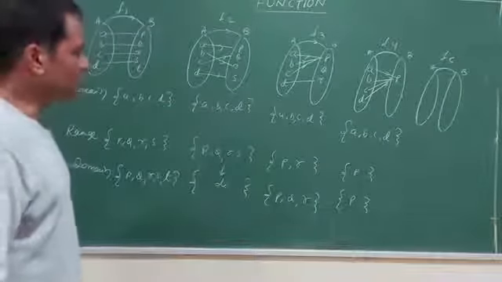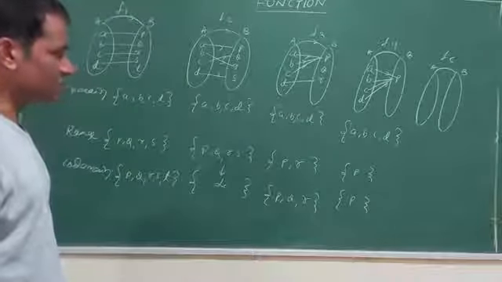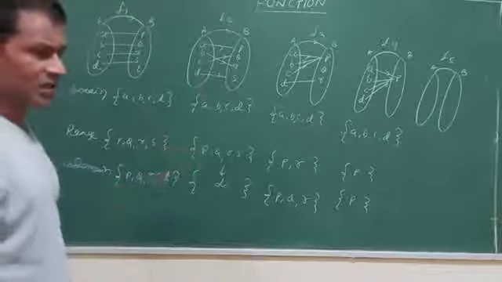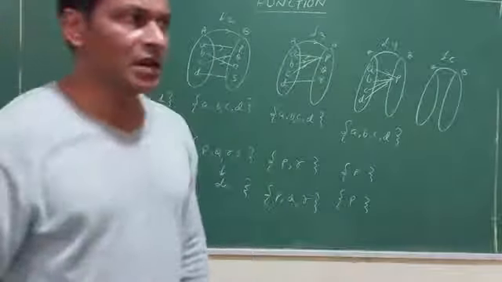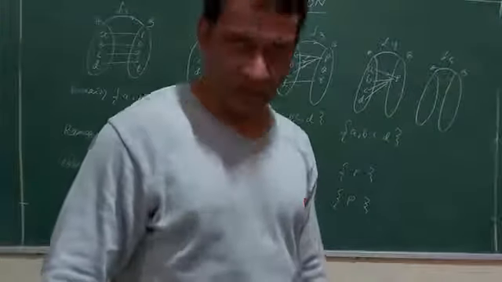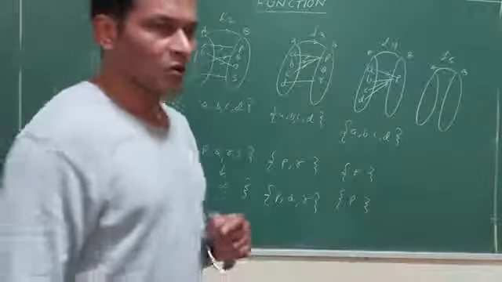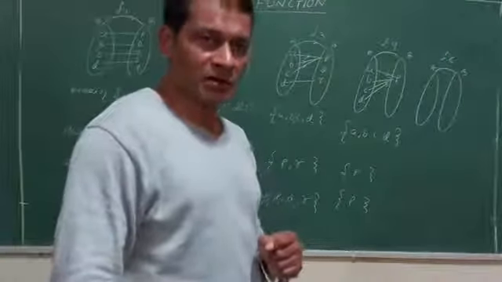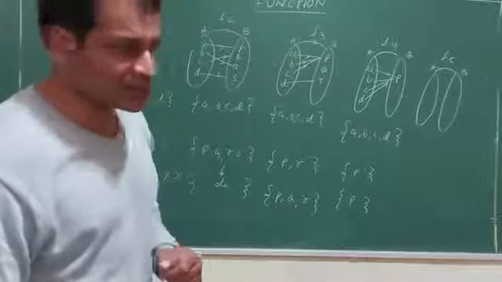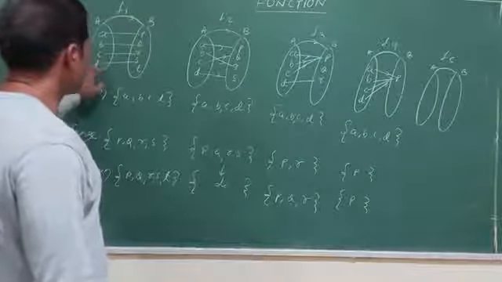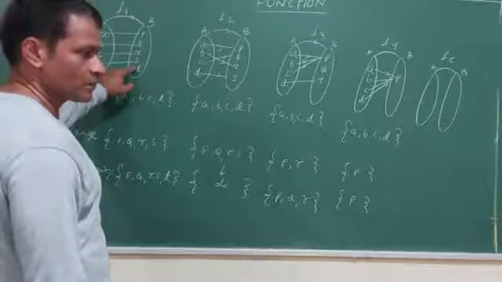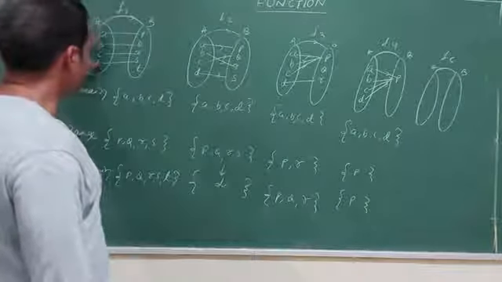Alright? So I wrote some examples of a function here, just showing you diagrammatically. Then rule number 1 about a function: no element of the domain should be left out. No element of the domain should be left out means I cannot leave any element in the domain without a connection to the codomain. If there is an element in the domain, everything has to be considered.